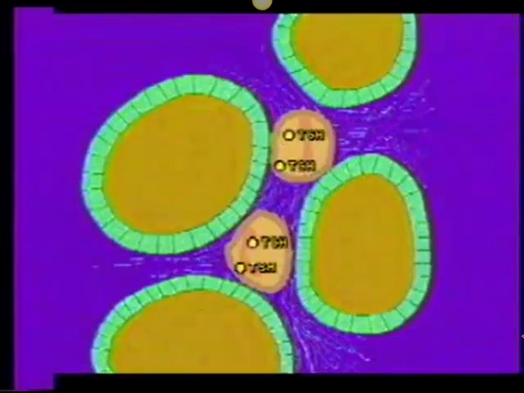The TSH is released into the blood, and as it passes through the thyroid gland, it attaches to receptors on the thyroid follicular epithelial cells, where it stimulates all functions of these cells.